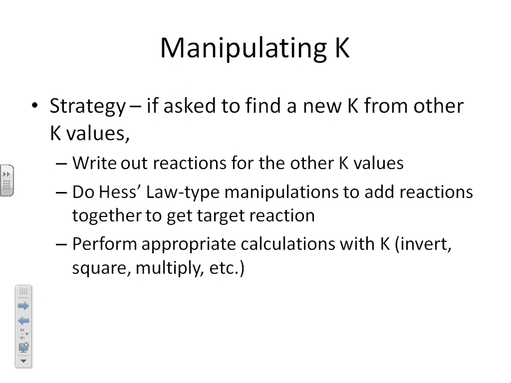If you had to multiply one of your reactions by 2, then you have to square your K value. And then at the end, when you add them all together, you do not simply add your K values together. You multiply your K values together at the end. That's the other key difference: if you're adding reactions together, you have to multiply your K values together.